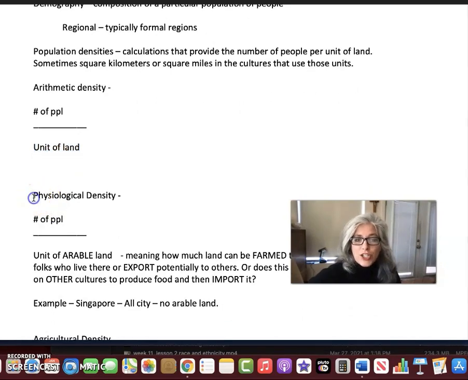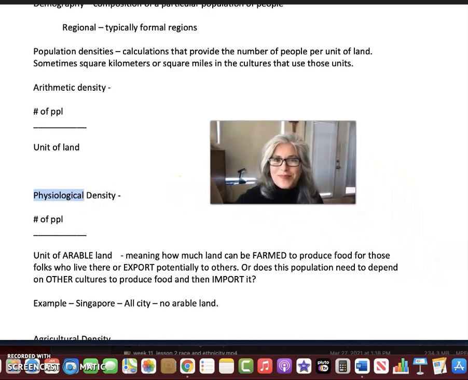With the physiological density of a place, we get a little bit more specific information. So here you are using the total number of people in the population. This top number, like in arithmetic density, stays the same.